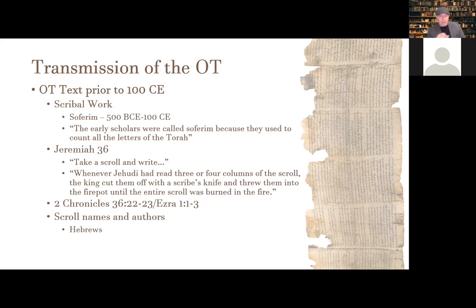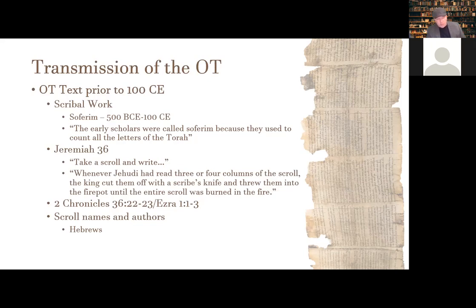We understand him to be cutting the scroll and throwing it in the fire, but we also get a very detailed view of what was going on with the texts themselves. It's hard for him to handle it. If he had a book, he could easily read it and toss the book in the fire. But because scrolls were so hard to handle, he's having to cut portions of the scroll and toss them in the fire.